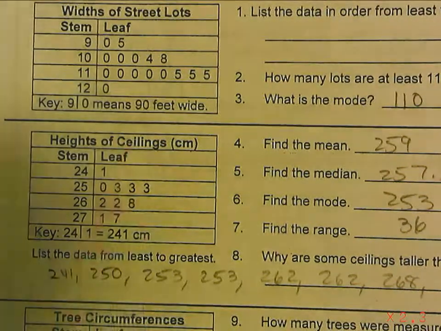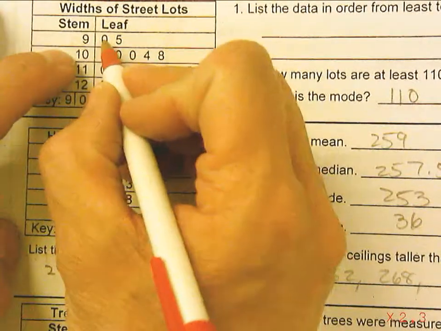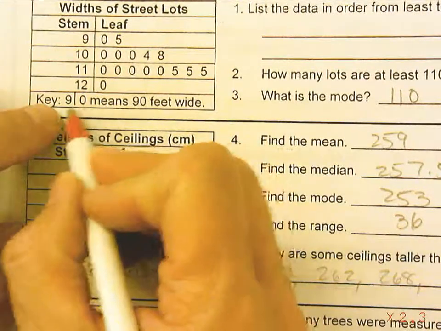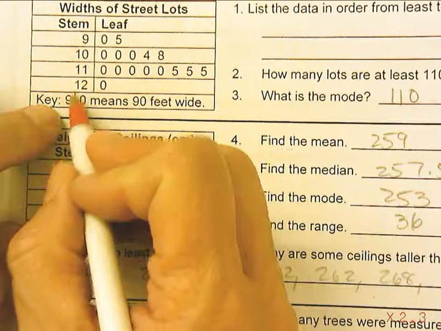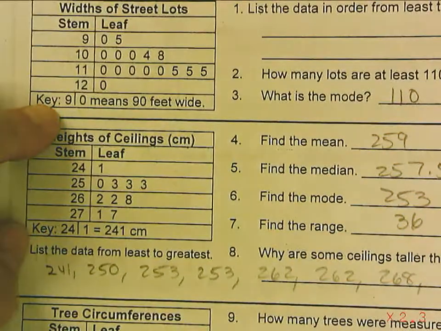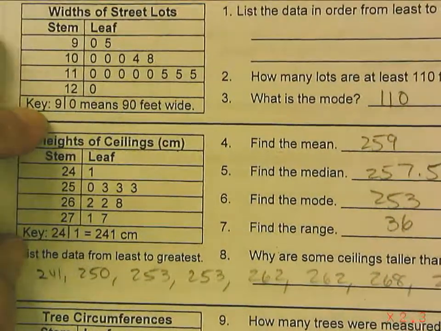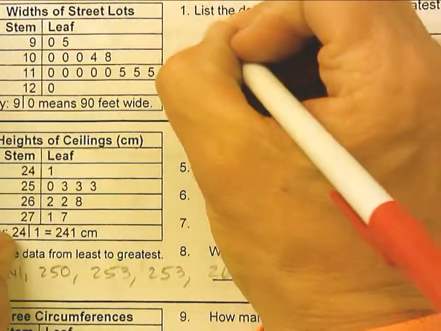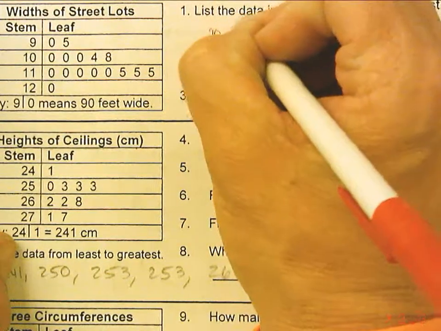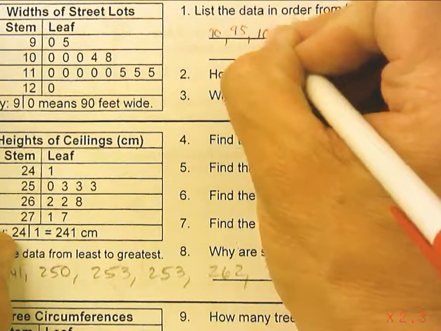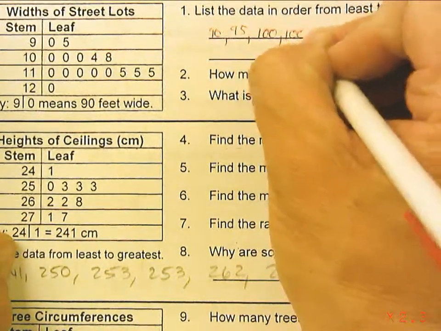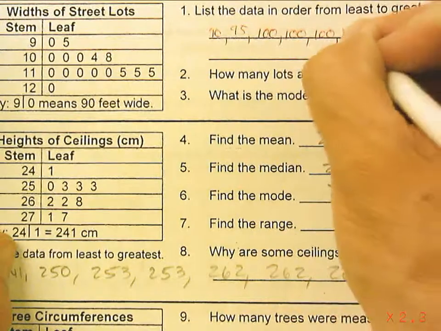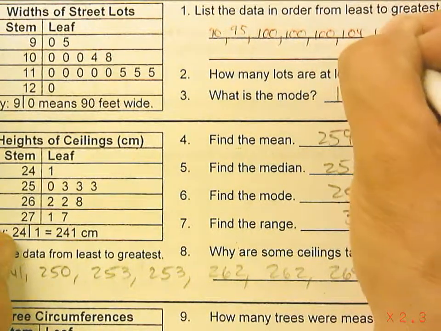I know my smallest number is going to be the first one here. Now I have to look at the key to see what that means, and it says 9 line 0 means 90 feet. So, let me just move this over. So, I have 90. I have 95. I have 100 once, 100 twice, 100 3 times, 104, 108.